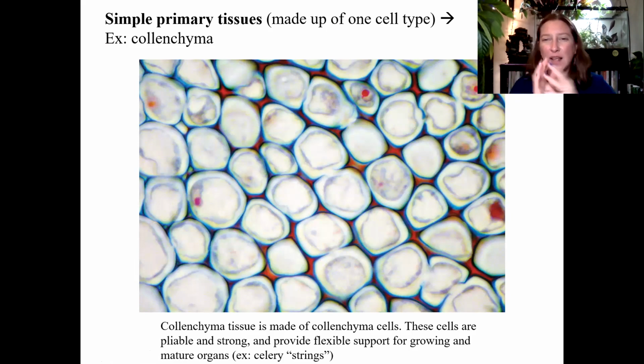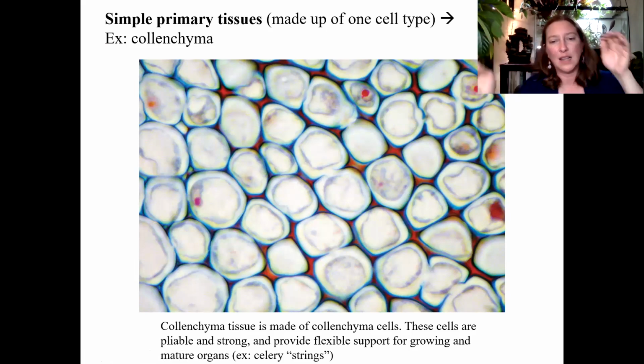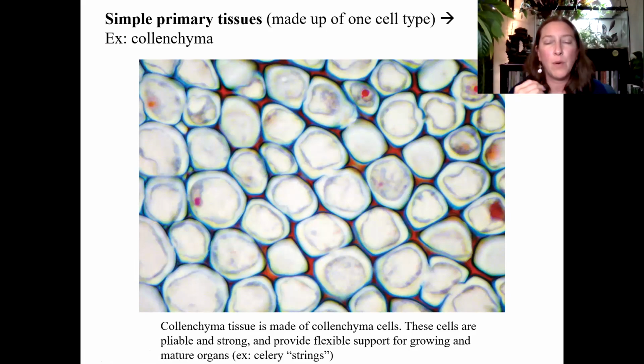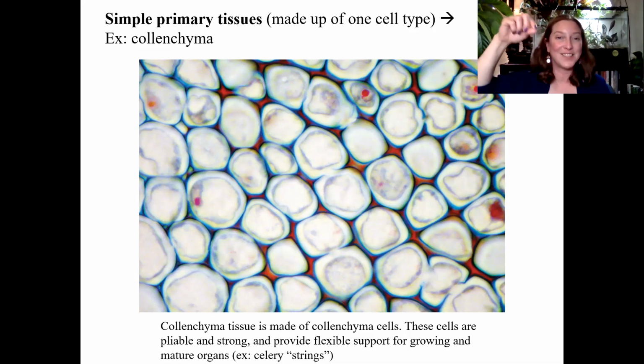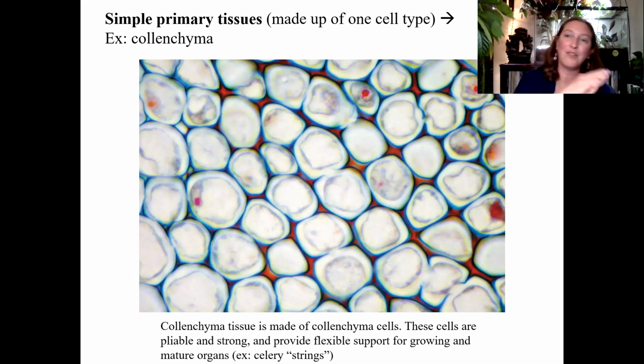They're really long, stretchy cells that provide flexible support for growing organs and mature organs. So for example, if you've ever eaten celery and gotten those celery strings, those strings are actually collenchyma tissue, right? Long and stretchy and strong.